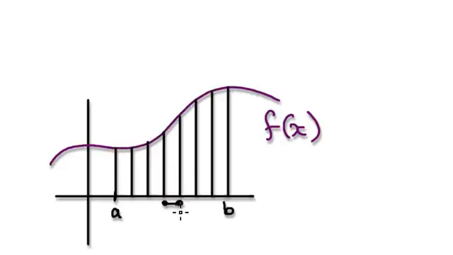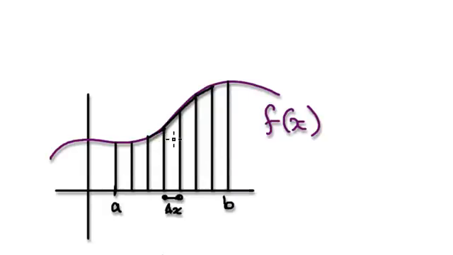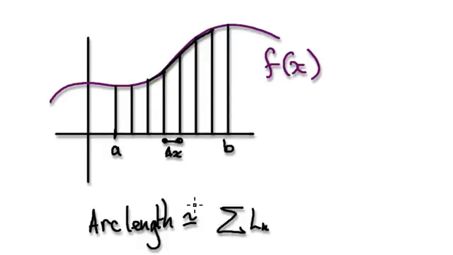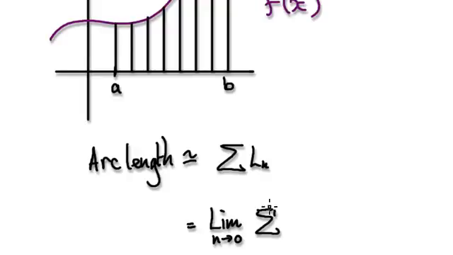So this length here is your delta x, and then we're going to use Pythagoras to give us all these straight lines here. And the idea here is that the arc length will approximately be us summing up all the diagonal lines, and then the true arc length equals this when we take the limit.